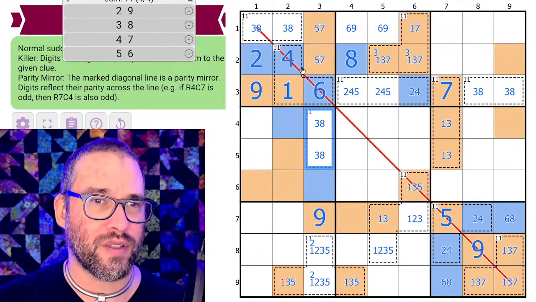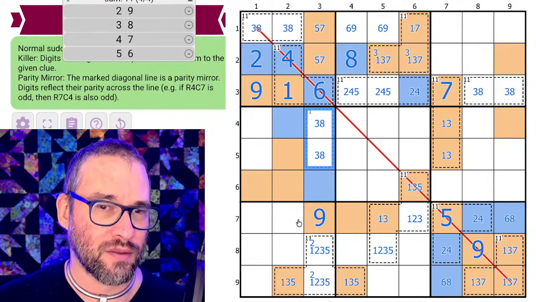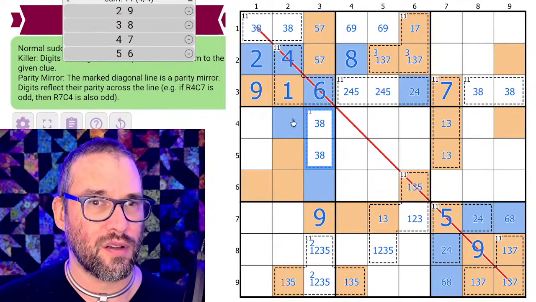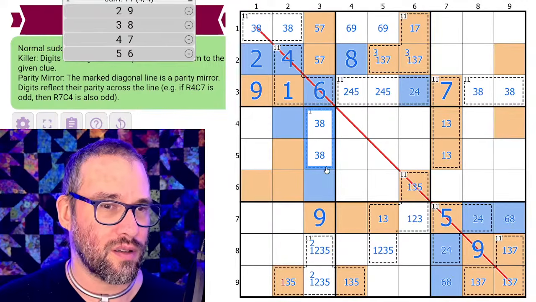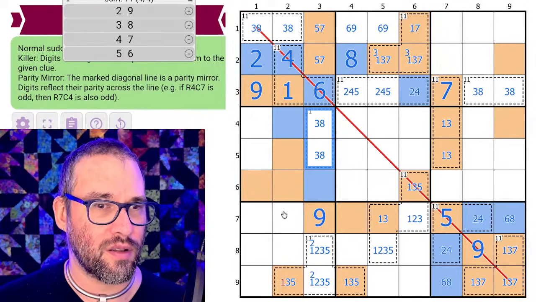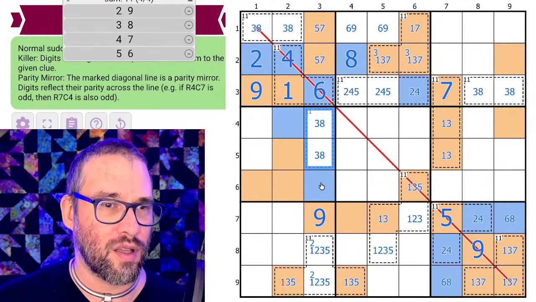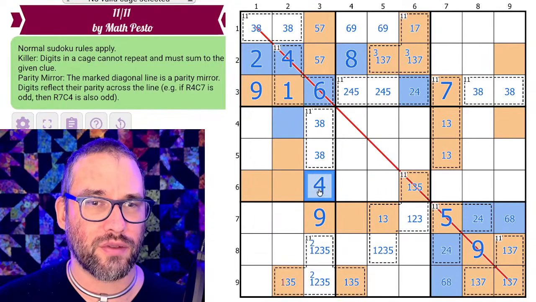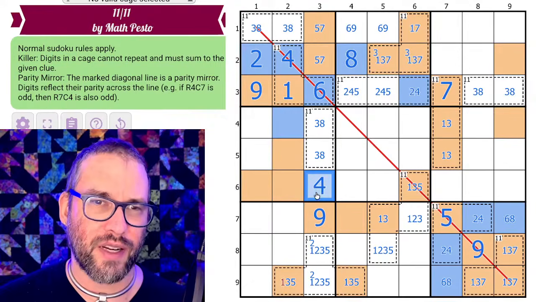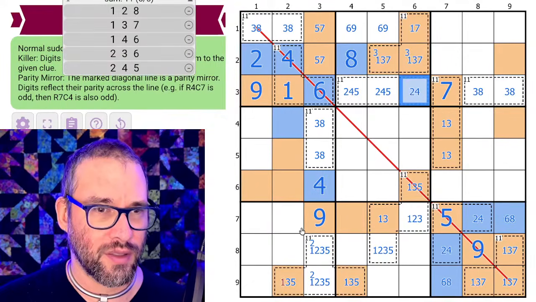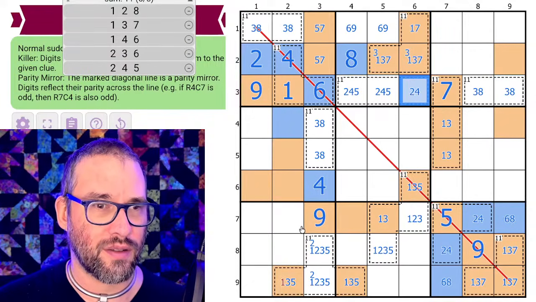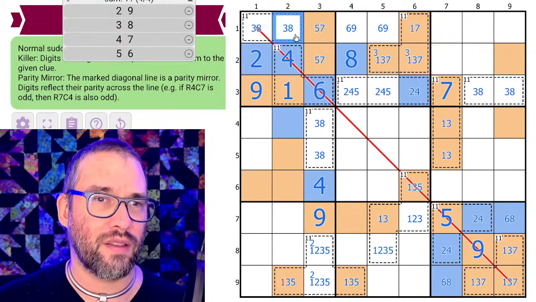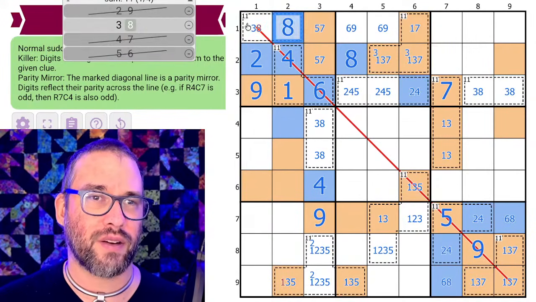Let's see. Where haven't I done reflection? 4 in column 3. Yes, it's gonna go there. Have I reflected? Yeah, I have. Ah, there. That's our 8.